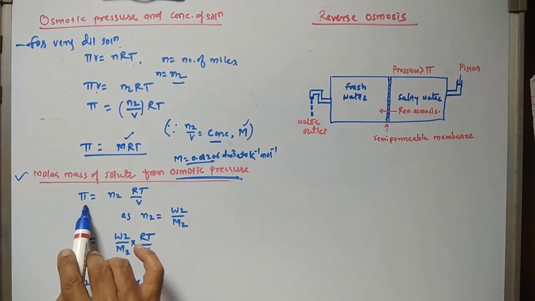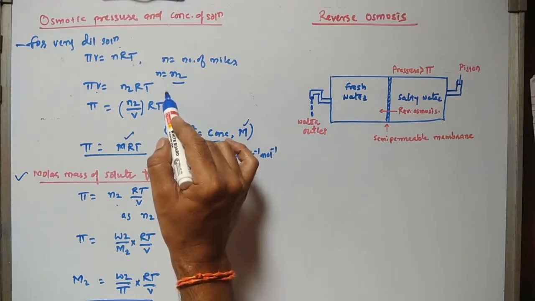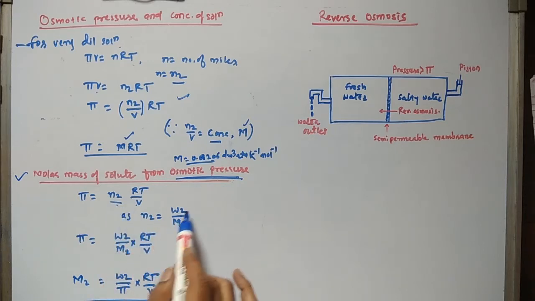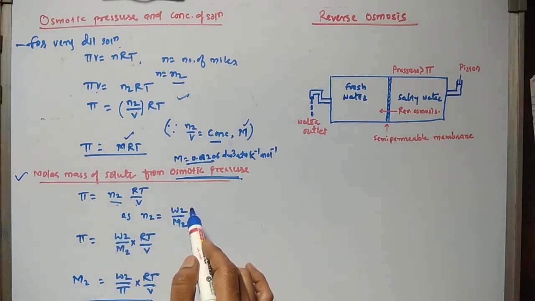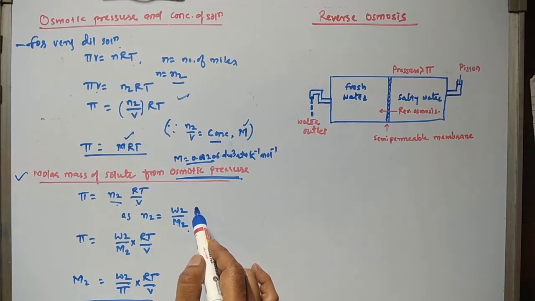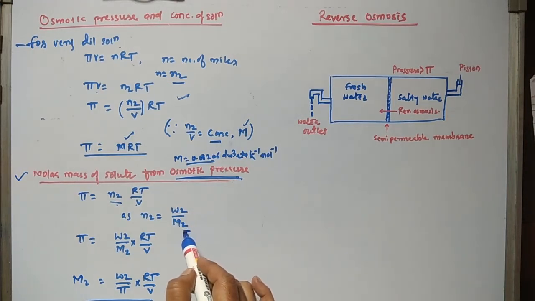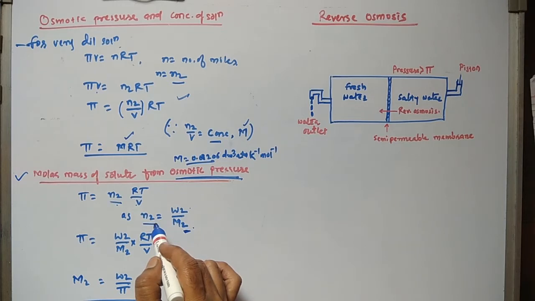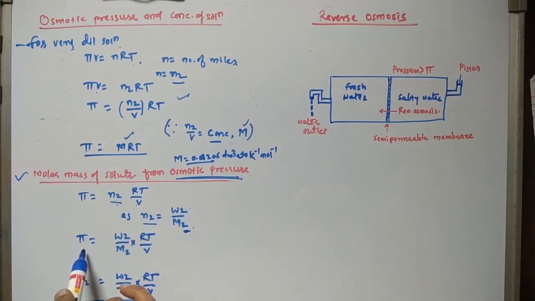We know the equation pi is equal to n2 RT upon V. The number of moles n2 is expressed as W2 upon M2, where W2 is the mass of the solute dissolved in the solution and M2 is its molar mass. Substituting, the equation becomes pi is equal to W2 upon M2 into RT upon V. So M2 is equal to W2 upon pi into RT upon V. From this equation, as pi is the osmotic pressure, we can find out the molecular mass of the solute.